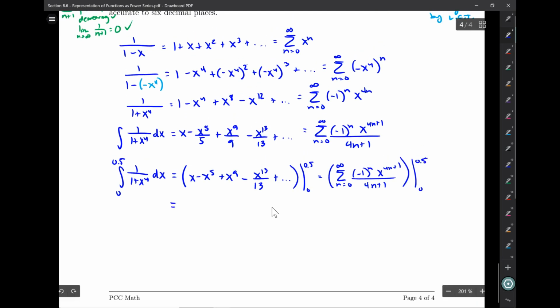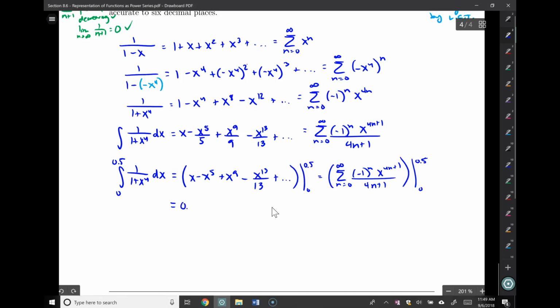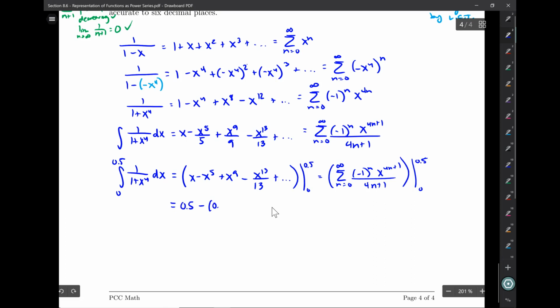Okay, so now what we'd end up having is I can plug in the bounds. So notice that plugging in 0.5 would end up giving me 0.5 minus 0.5 to the 5th plus 0.5 to the 9th minus 0.5 to the 13th, oh, divided by, oh, I lost some things, didn't I? 5 divided by 9. You're probably like, wait, Austina, slow down, you missed that. 0.5 to the 13th over 13 plus dot dot dot.